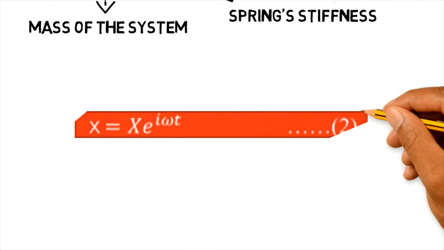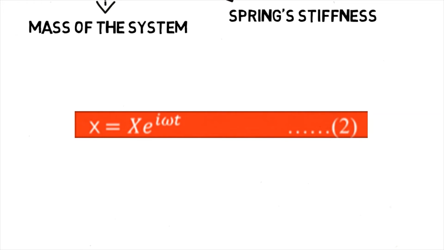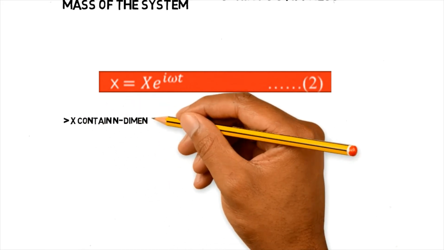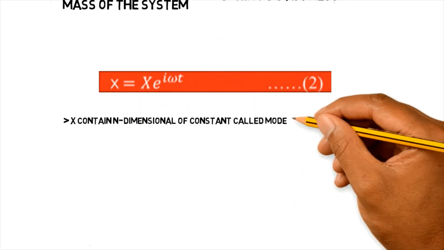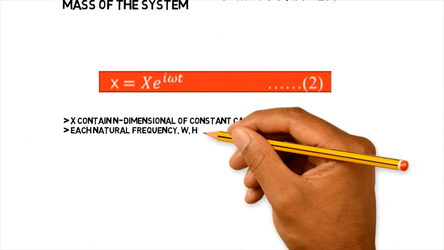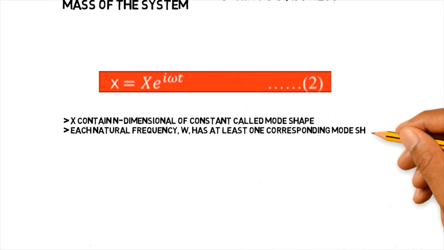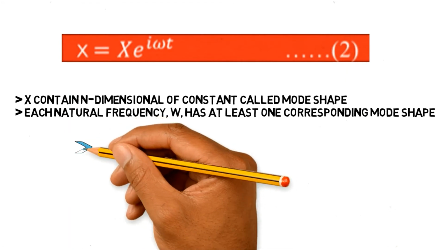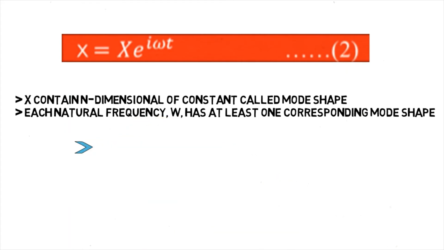Next, x equal to capital X e to the power of i omega t. Equation 2 is then substituted into equation 1.